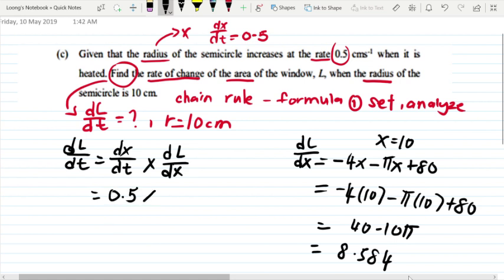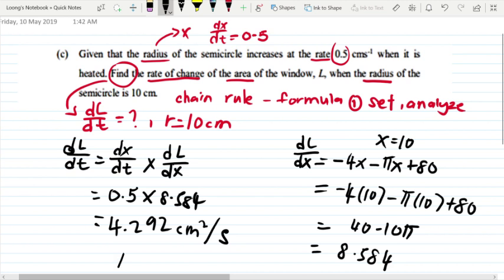We multiply with 8.584, and what we get here is 4.292 cm squared. We need to remember to write the unit as well, per second, or second to the power of minus 1, and this is the final answer.